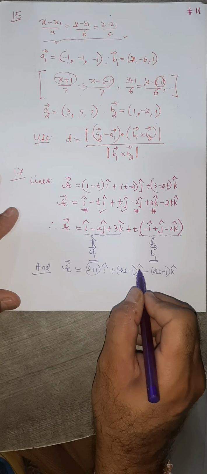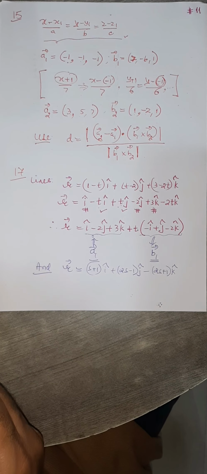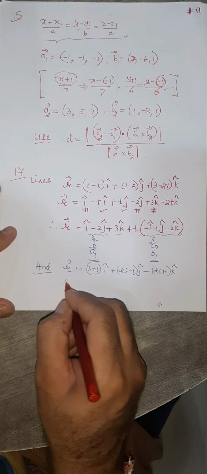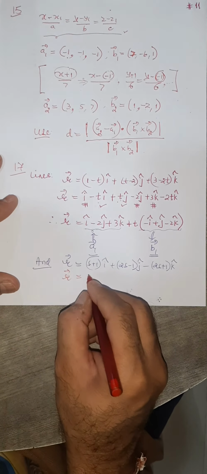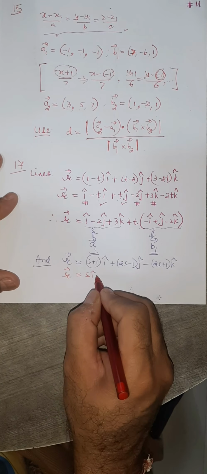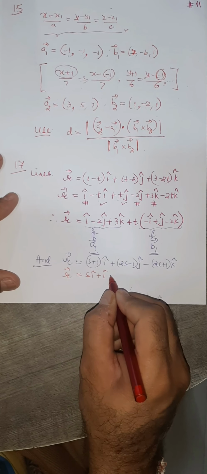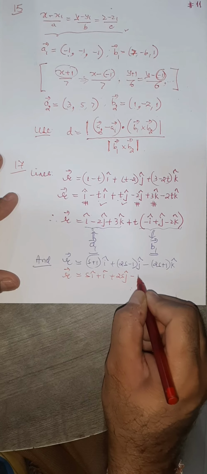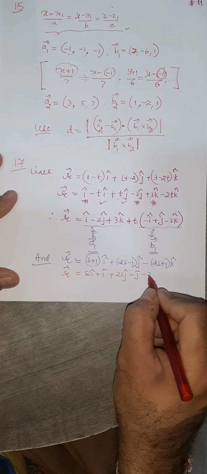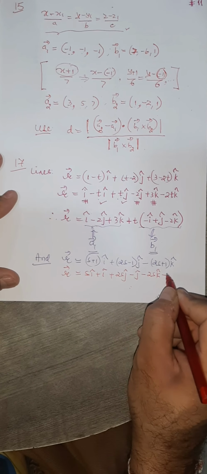Fine. i, j, k. Your s is a scalar, remember. So we need to separate like this here. If I open the bracket, s i cap plus i cap, 2s j cap minus j cap minus 2s k cap minus k cap.